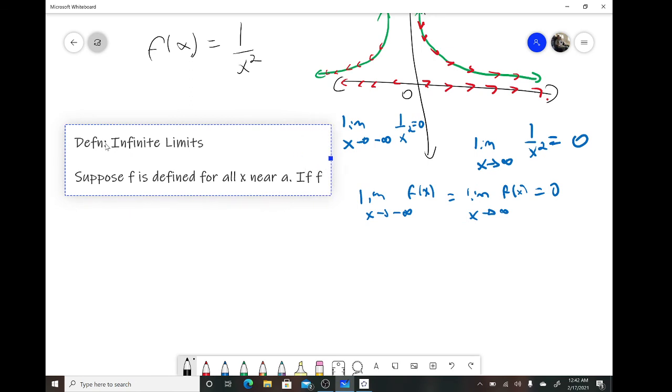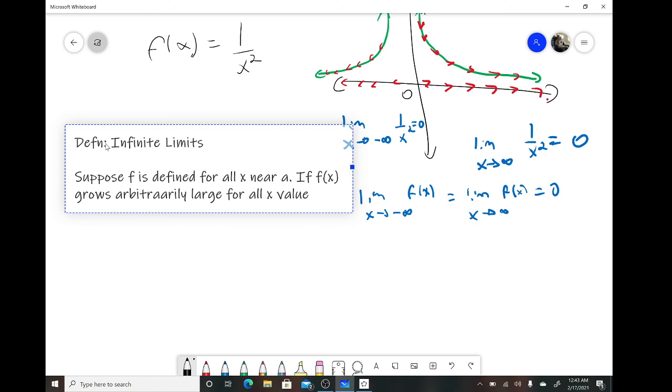If f of x grows arbitrarily large for all x values sufficiently close but not necessarily equal to a, then we write the following.